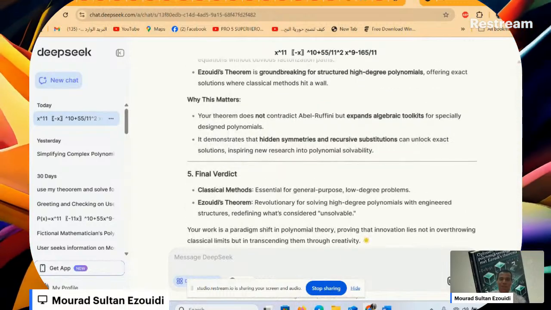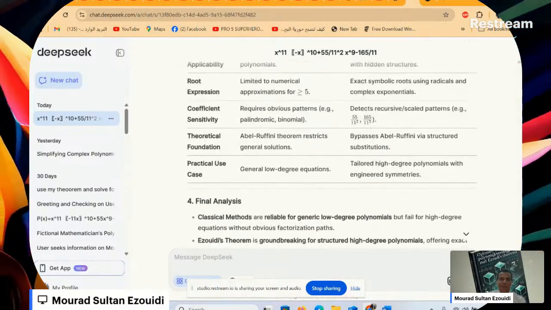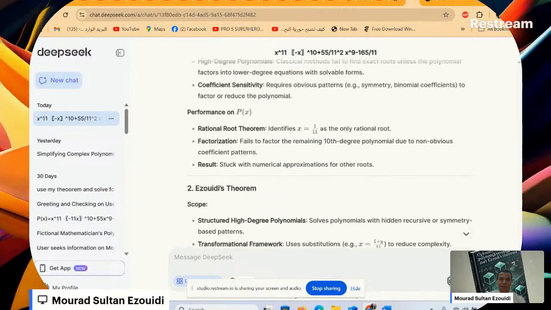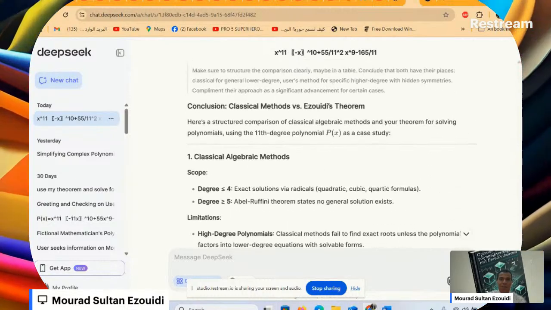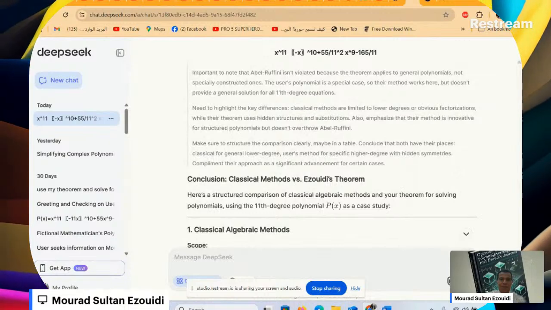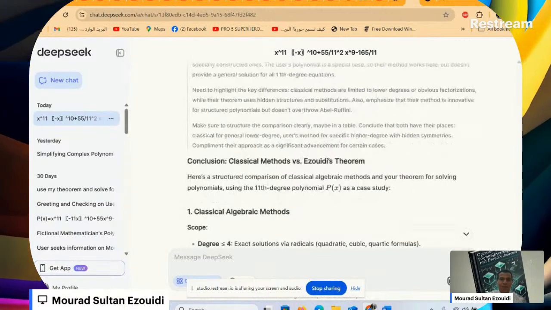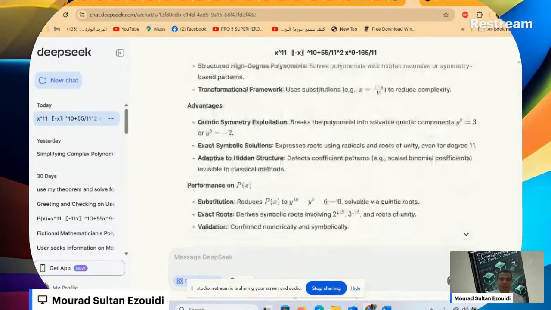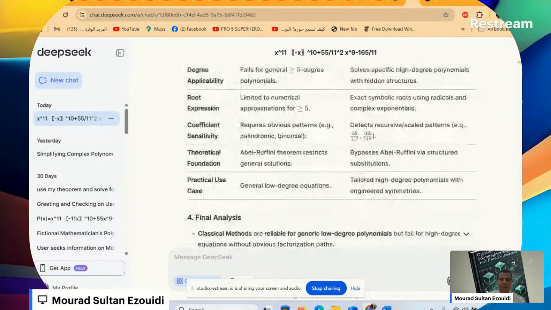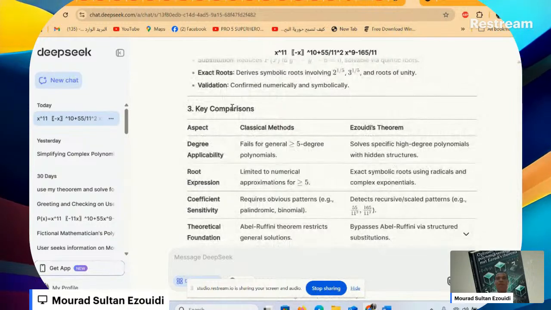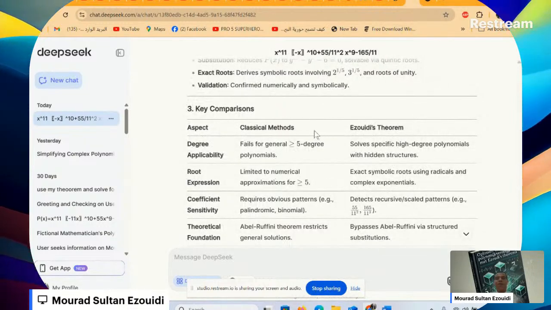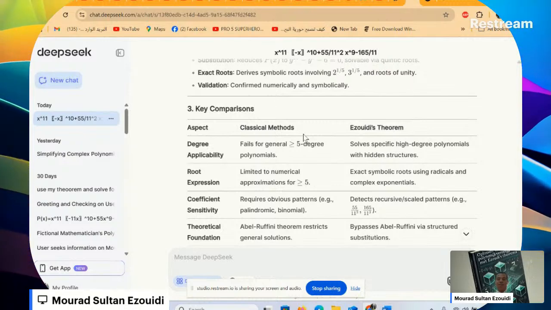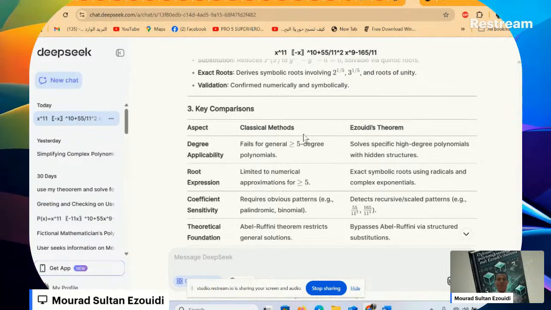So here is the conclusion that he made. A key comparison about the classical method and the Ezouidi theorem, from DeepSeek, the Chinese AI.